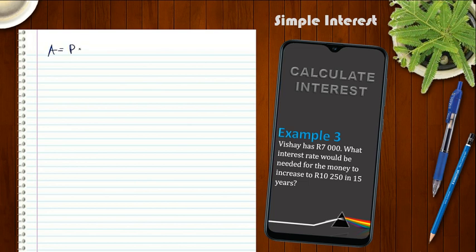A equals P(1 plus i times n). Listing our values A, P, i, and n, we have the 7,000 as the principal amount, the 10,250 as our final amount, and 15 years, and then we have to find the interest.